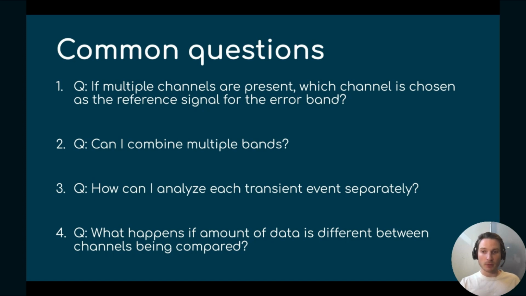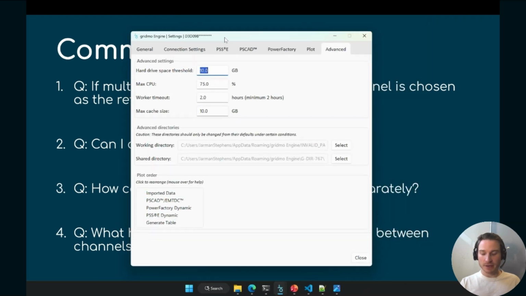Let's now go through some common questions that engineers have when using Gridmo error bands. First question, if multiple channels are present, which channel is chosen as the reference signal for the error band, i.e. which signal is the source of truth? In this instance, this is an engine setting. If you go to your engines and navigate to the advanced tab, you can see down here there's something called plot order.